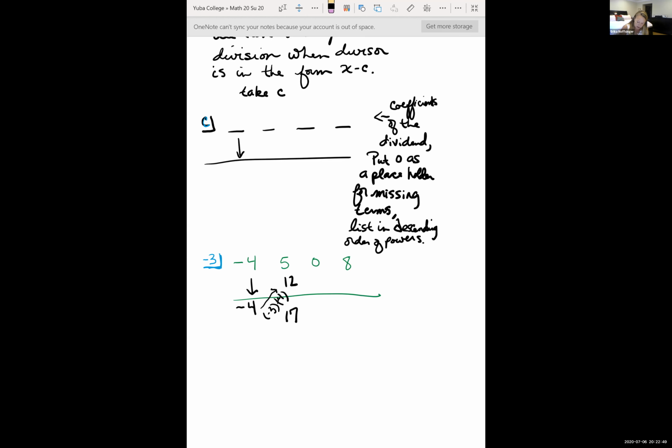And so we have to do the same process as before. We multiply that number we just brought down, summing it, by -3. So this is -3 times 17. That would give us -51. And then sum it and bring it down. So 0 plus -51 is -51.